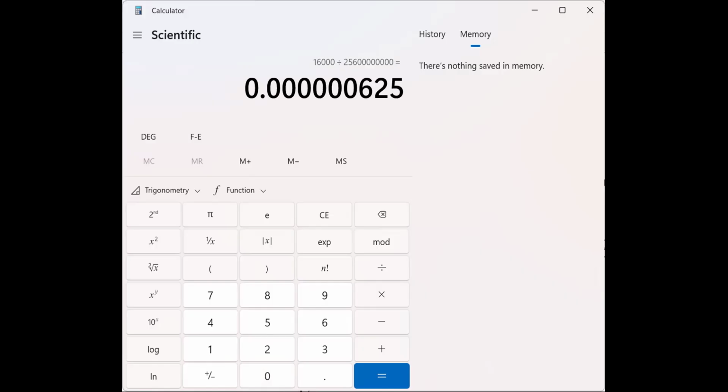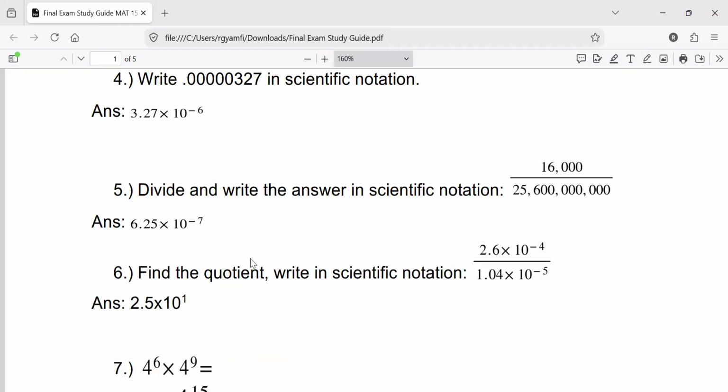Or you could also say that, okay, because I've got these numbers, 16,000 and 25,600,000,000, I could cancel out the zeros because I'm dividing, right? In other words, divide the top by 1,000, divide the bottom by 1,000.